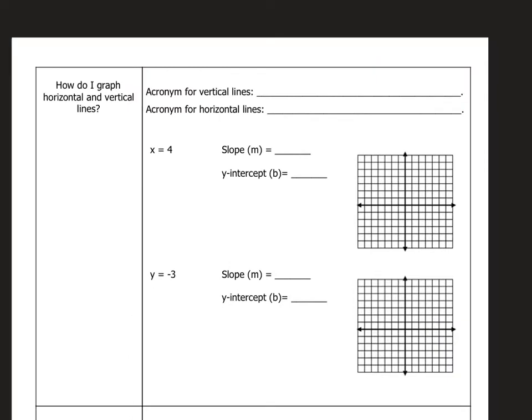All right, so now we are on the third page, and we are going to answer the question, how do I graph horizontal and vertical lines? So the acronym that we use for vertical lines is VUX, and that should be helpful to you because it starts with a V, so VUX. V stands for vertical, so that's telling us the type of line that we're going to have.